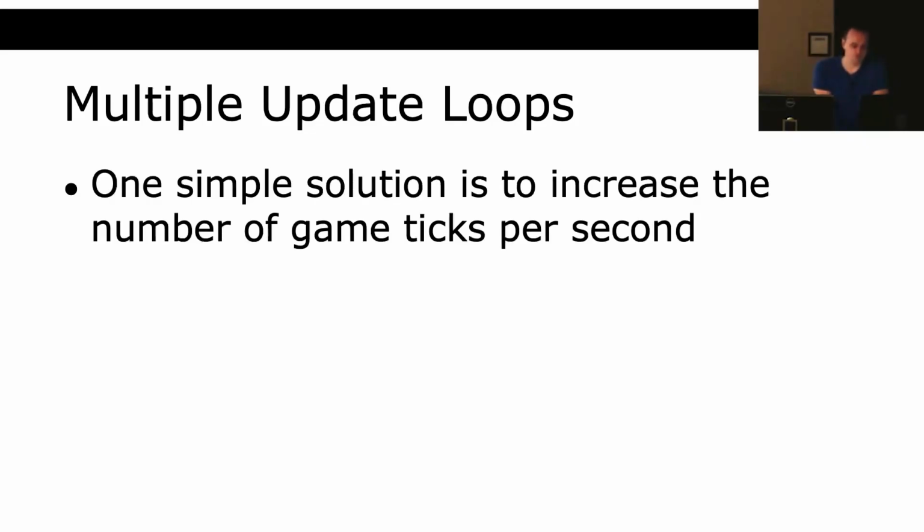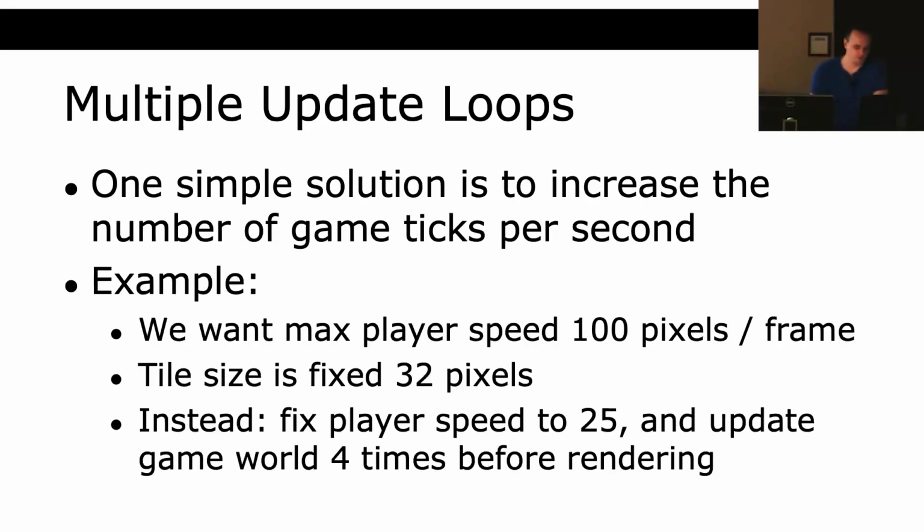So one simple solution is to increase the number of game ticks per second, right? For example, we want the max player speed to be 100 pixels per frame, but a tile is actually 32 pixels wide. So we'd have missed collisions everywhere.